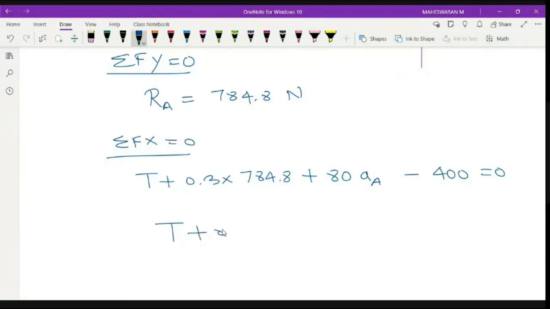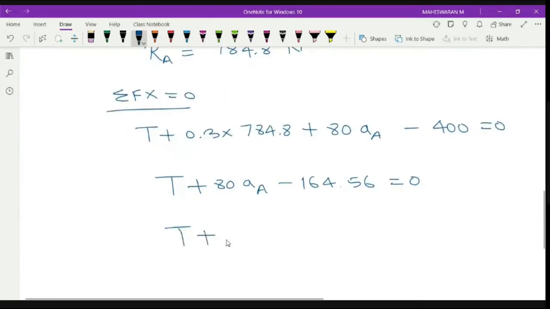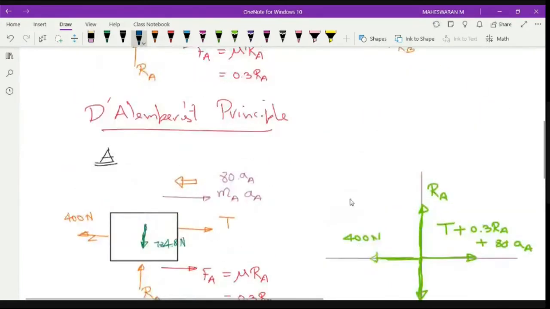T plus 80 aA minus, what is the other term? Can you add these two? Minus 164.56 is equal to 0, right? Which means I will get T plus 80 aA is equal to 164.56. Equation 1.